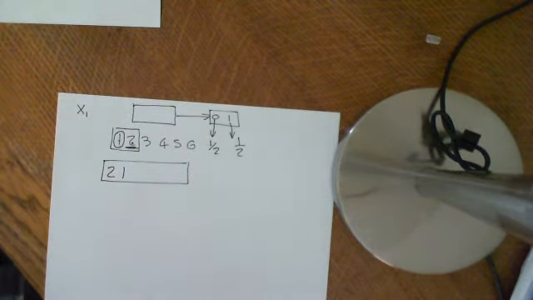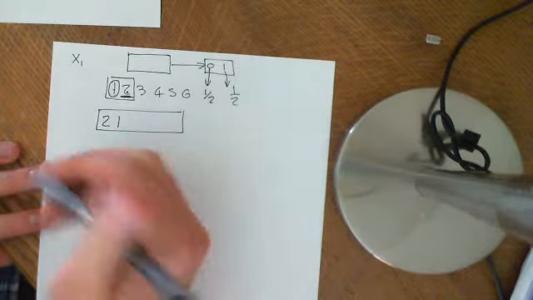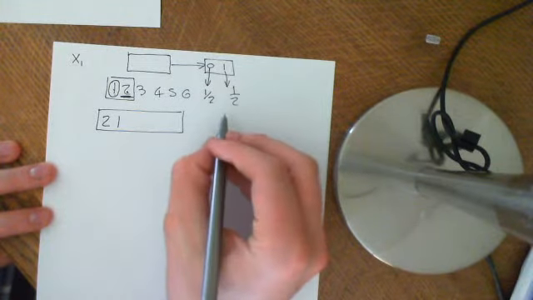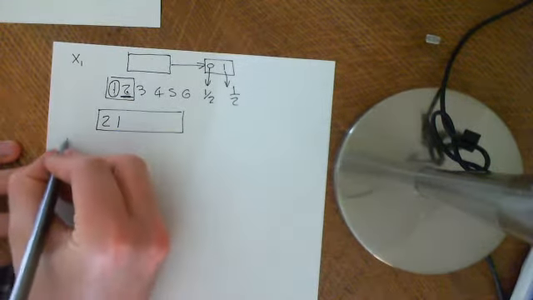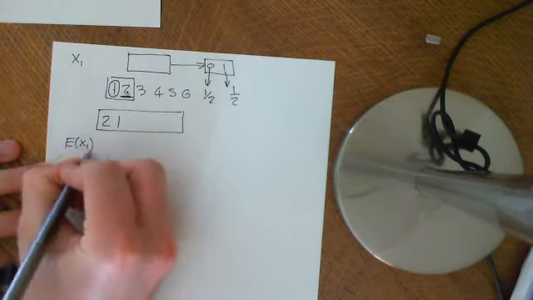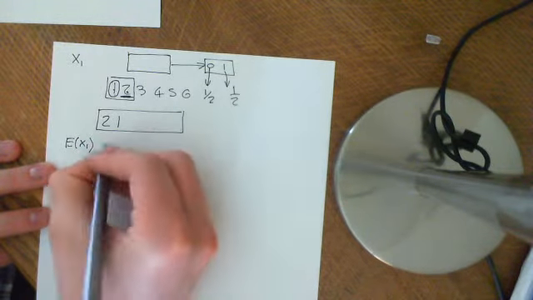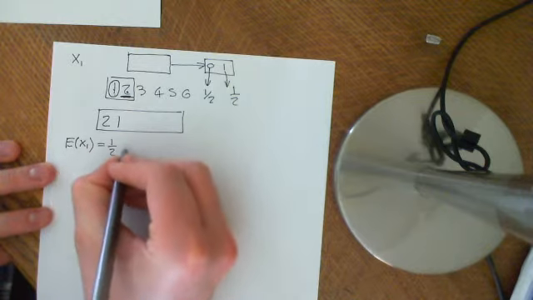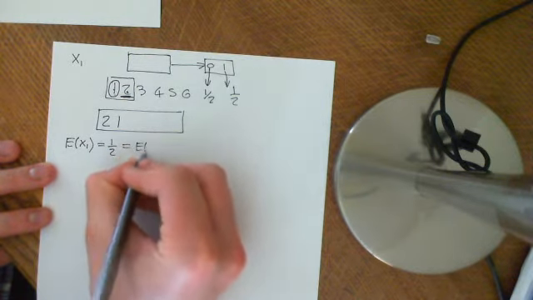The same argument applies for xn. So the expected value of x1 is equal to the probability of success, i.e. a half, and that's the same for E[xn] as well.